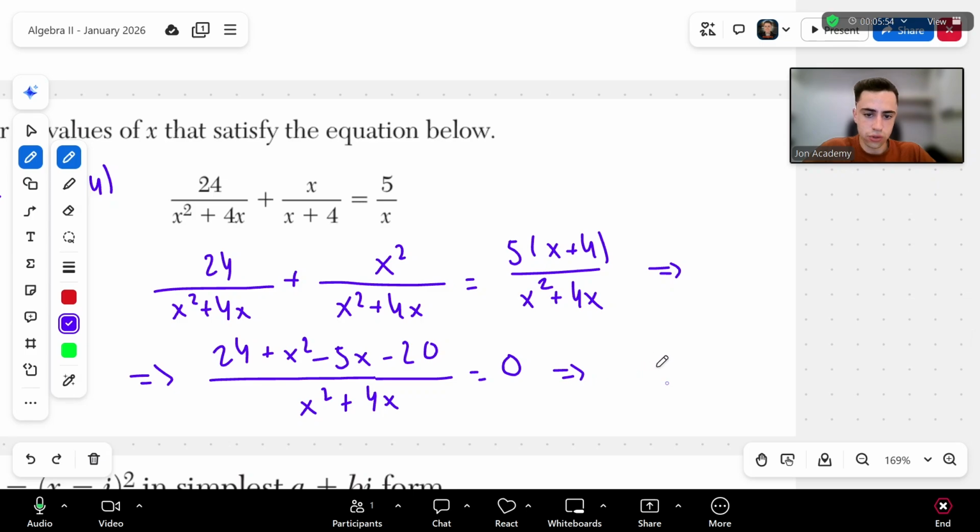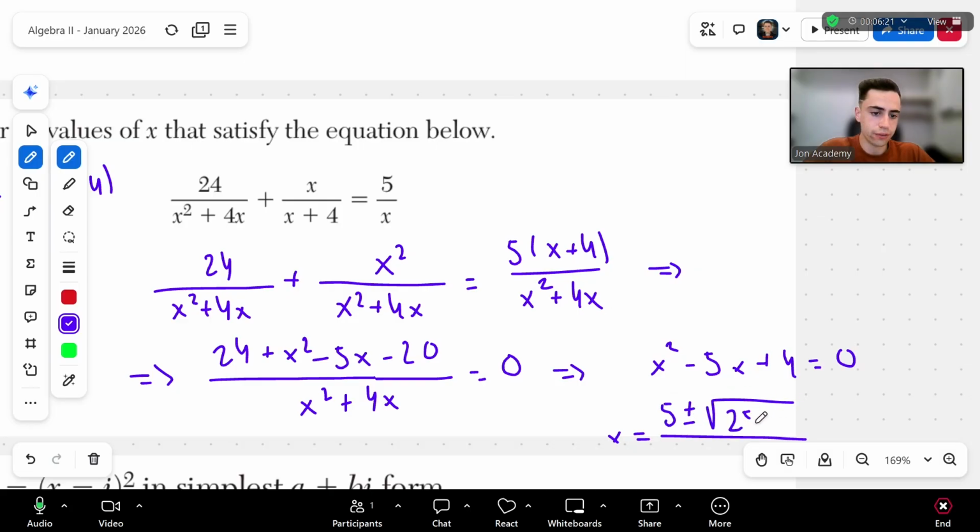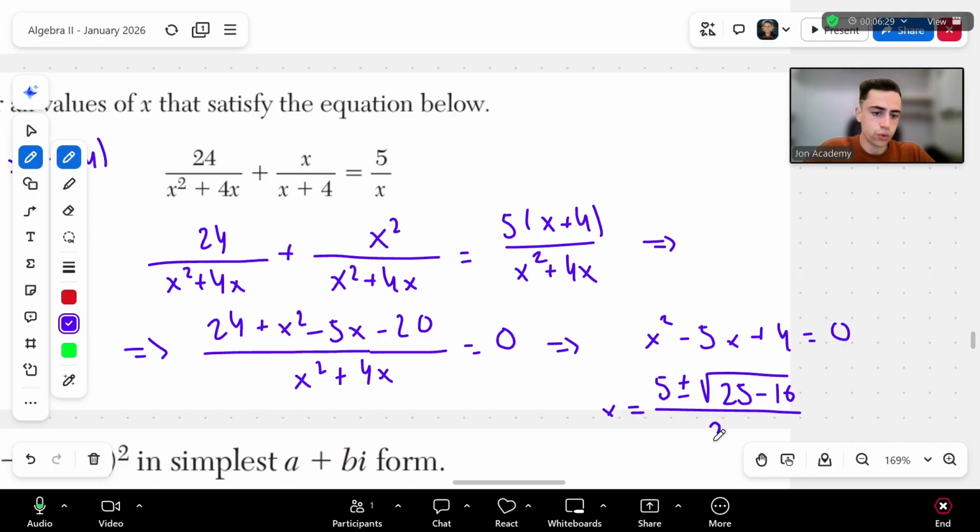So that's going to be solving x squared minus 5x plus 4 equal to 0. And if we want to solve this, we can use the quadratic formula, for example. And what's going to happen? This is going to be 5 plus minus the square root of 25, which is b squared, minus 4 times a times c, which is 16, and divided by 2a, which is just 2.